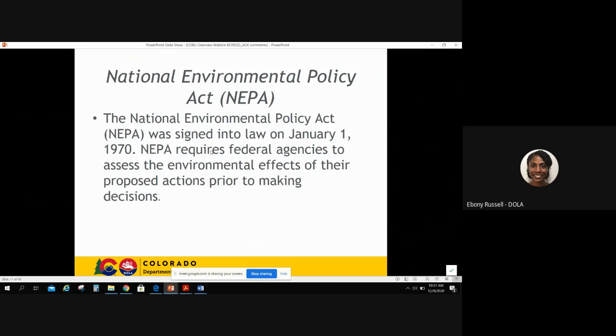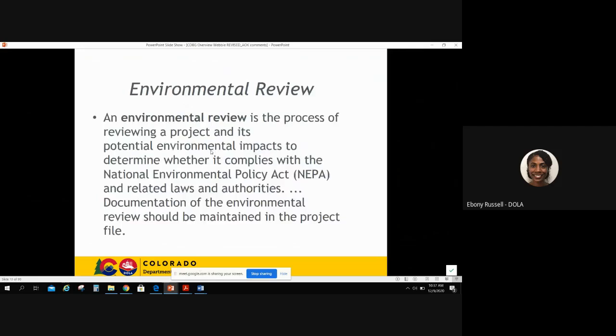Your environmental review comes from the National Environmental Policy Act, which requires federal agencies to assess the environmental effects of their proposed actions prior to making any decisions. The environmental review is the enforcement mechanism of the NEPA policy. And it is the process of reviewing the impacts to determine whether your project complies with NEPA.